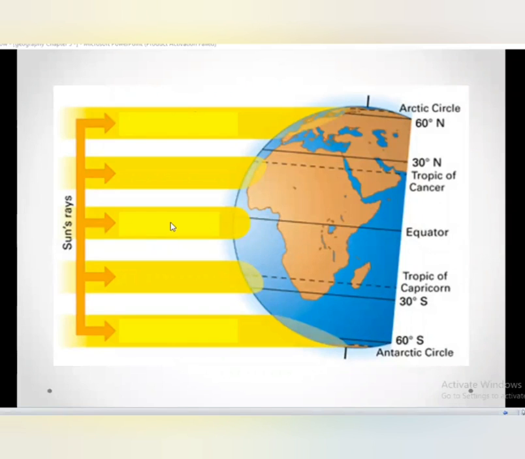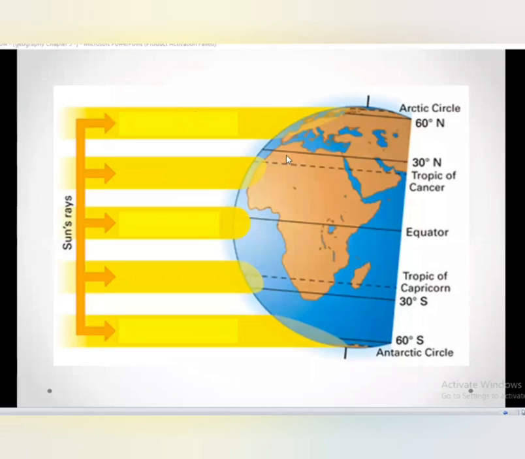However, as the earth is spherical in shape, the rays are not perpendicular to all parts of the earth.